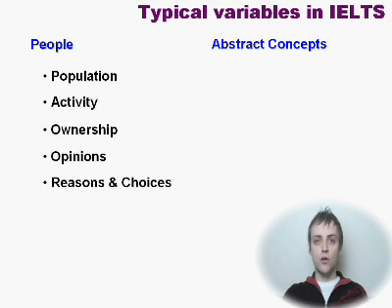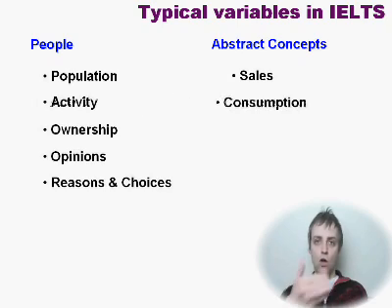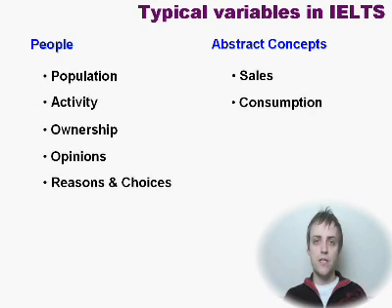Okay. In abstract concepts, you might be talking about sales, so how many of a certain product a company sells in a year. On the other side of the business relationship, it's how many of a particular product people buy or people eat in a year. Could be talking about time, okay, the length of time it takes to do something.